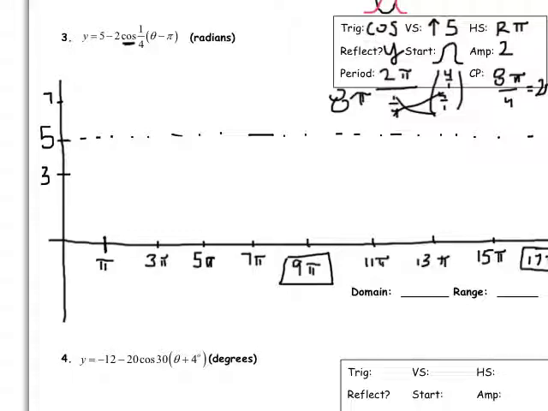Alright, now when we do our cosine, come back to your little reminder, we're going to have to start down this time because of that reflection. So when I do my cosine, I'm going to start at the bottom, and then I'm going to go up, middle, up, middle, down. Middle, up, middle, down.